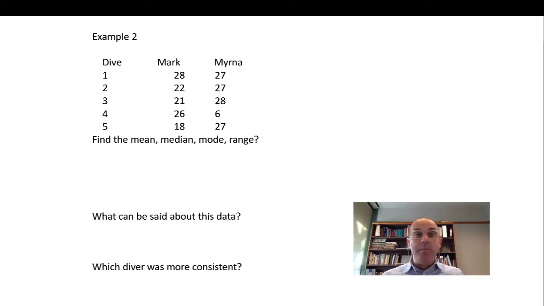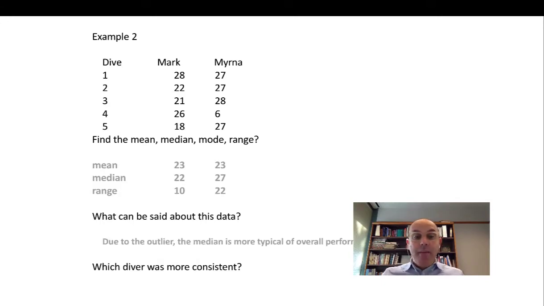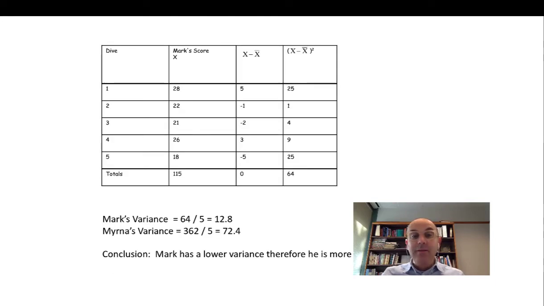Example number 2. Mark and another driver, two people dive in, so we calculate the mean of those two sets. We calculate the median, we calculate the range, but due to the outlier, the median is more typical of overall performance. Which driver was more consistent?